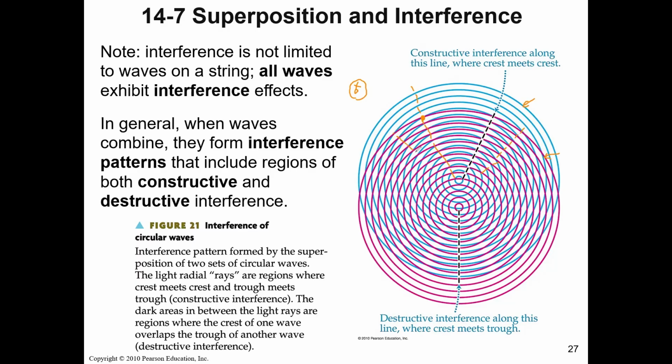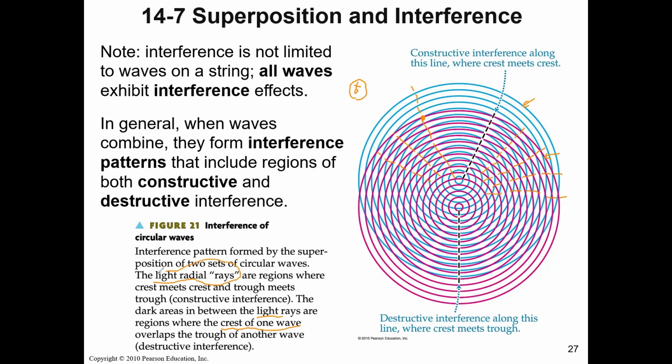And we can look at all those positions, right? It's here, also here, also here. So basically, you can look at all the lighter regions. These regions are where the peak of one wave overlaps. Sorry, the light radial rays.